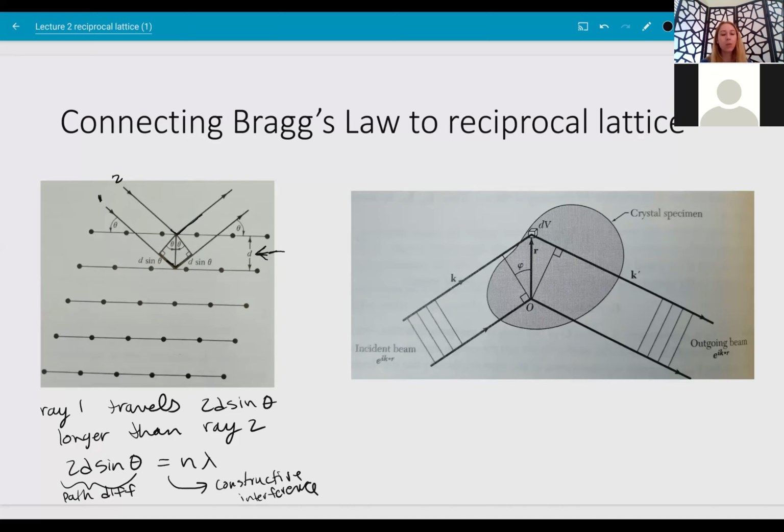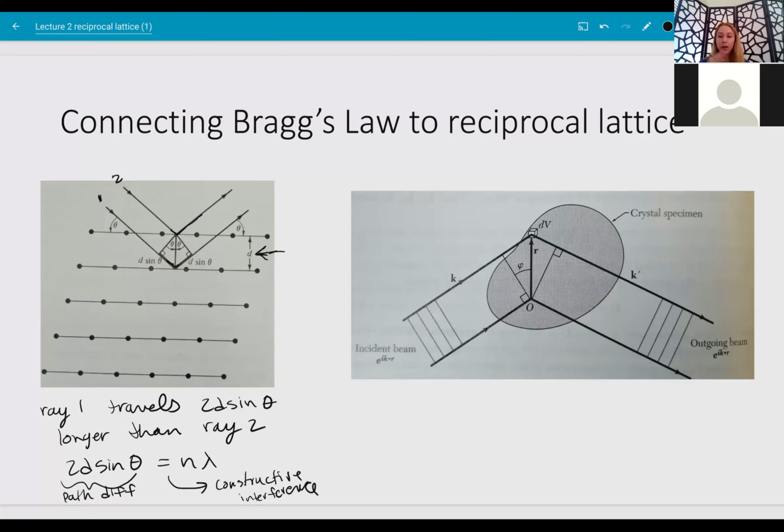I want to connect at this point Bragg's law to the reciprocal lattice. To do that, we're going to start with the image on the right, using slightly different notation than before.